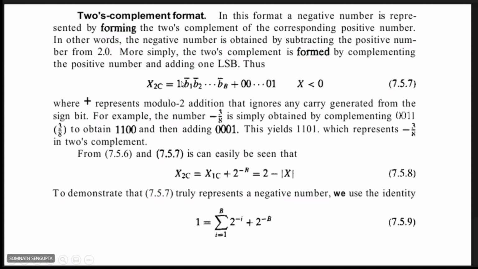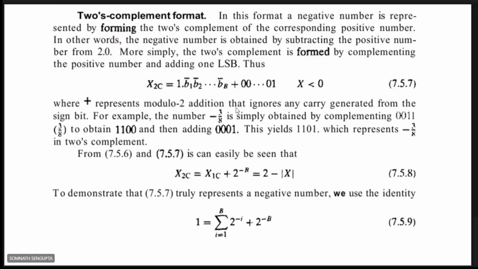Actually 1 is the inversion of 0, that's why they are not written directly. They are written as 1 dot b1 bar b2 bar, that is the inversion of all bits, then 1 is added. This way 2's complement is calculated.